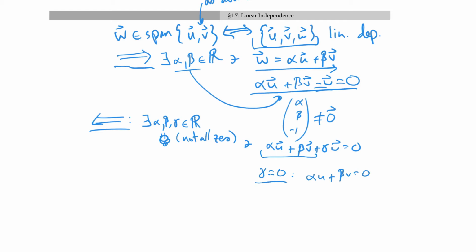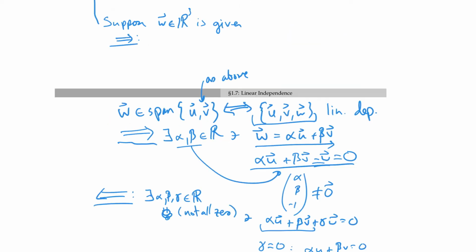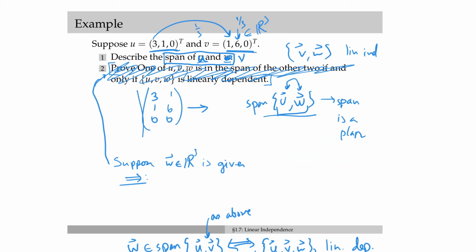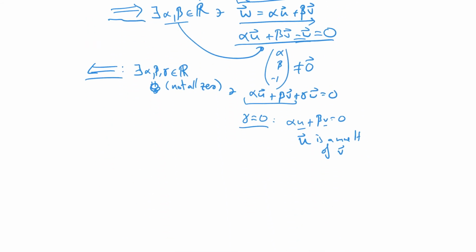Well, at least one of these must be non-zero, and we both know that U and V are non-zero, so that would have to be that U is a multiple of V. Well, if U is a multiple of V, that means the set U and V must be dependent. But we already showed above that these two vectors, U and V, are independent. So that's impossible. So gamma cannot be 0. So therefore, gamma is not 0.